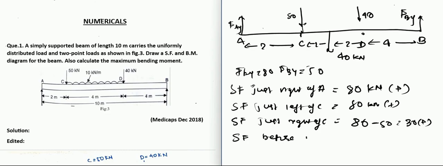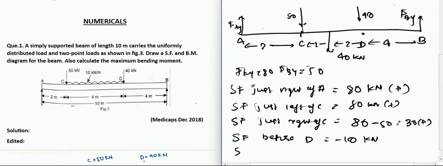So we will calculate before D and after D. So before D, there is a 30 in the positive direction and there is a 40 kilonewton downward force. So it will be minus 10. After C there was 30 in the upper direction, and because of this minus 40 here, it goes to minus 10 kilonewton. Of course, it is in the downward direction.